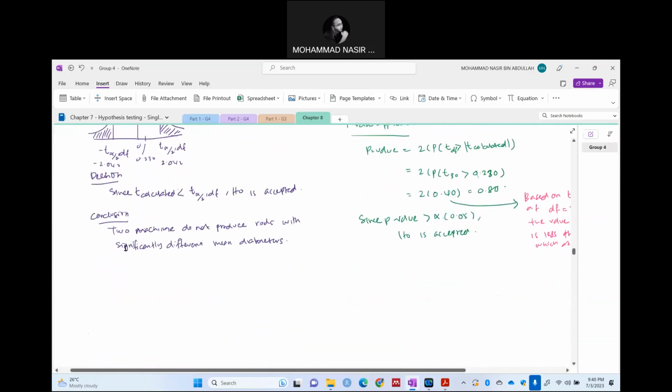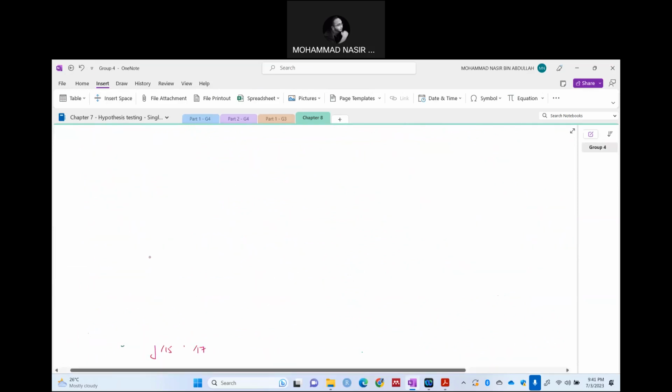B, we want to find the 95% confidence interval of mean. So it's the same concept as previous, right?